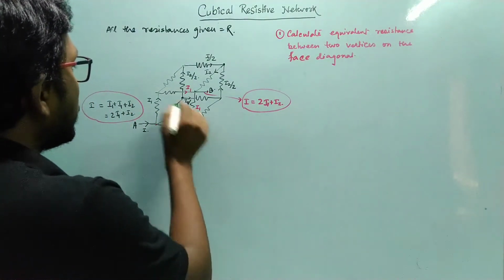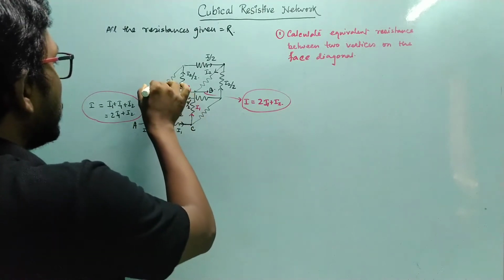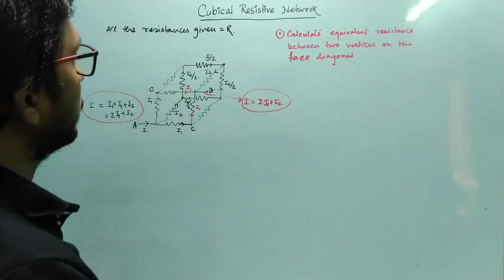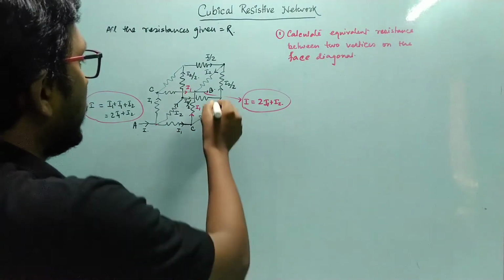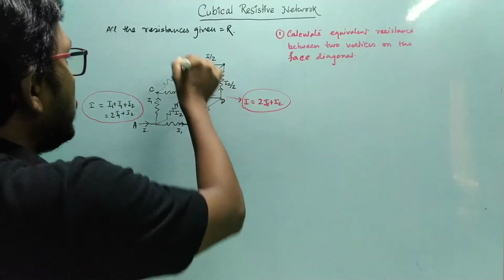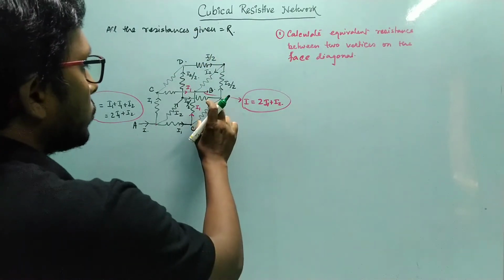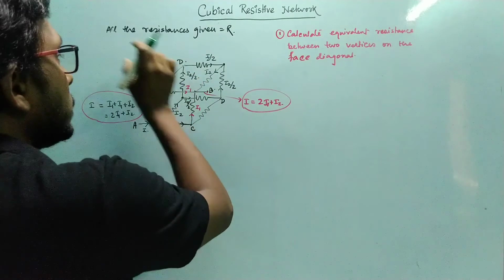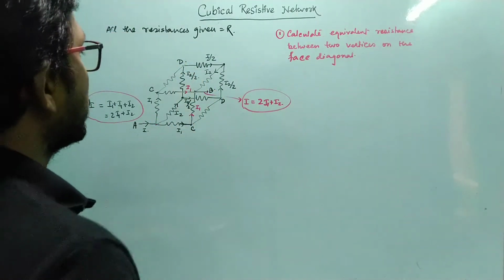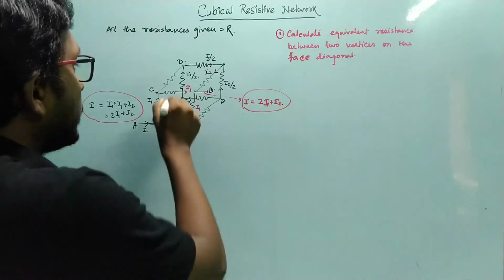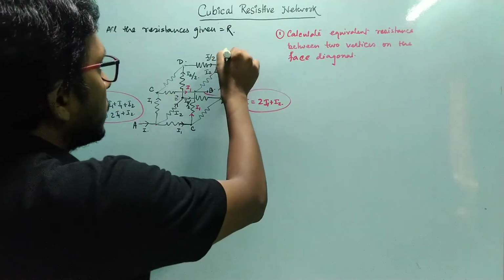As this point and this point are symmetric, so I am naming it C and C. Similarly, I am naming this point as D and this point as D, because no current is passing through this resistance and this resistance also. So I am naming it D and D. And after that, I am naming this point as E and this point as F.